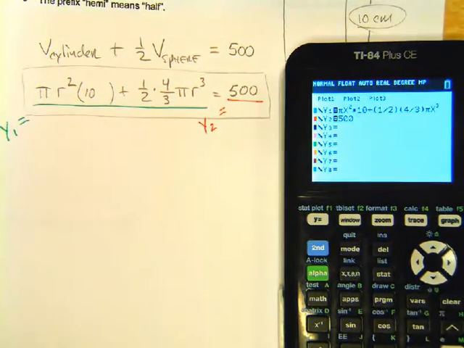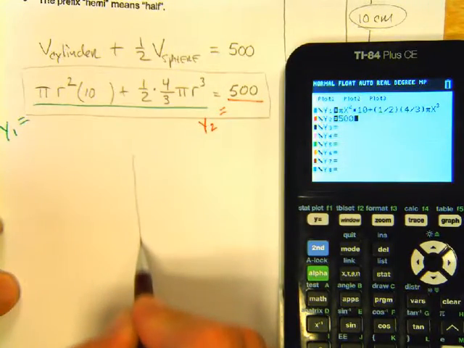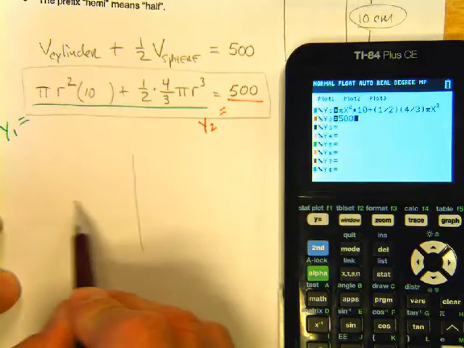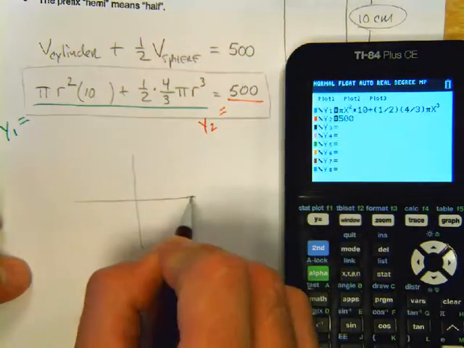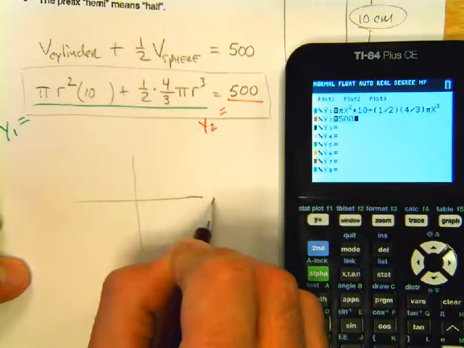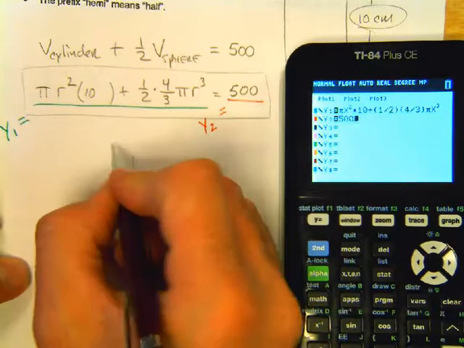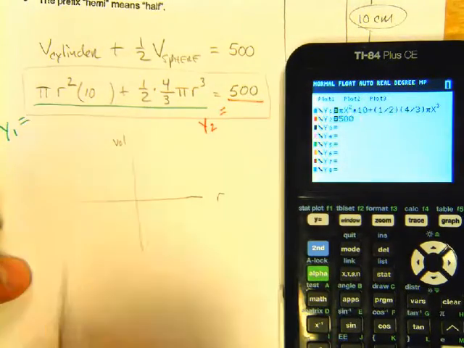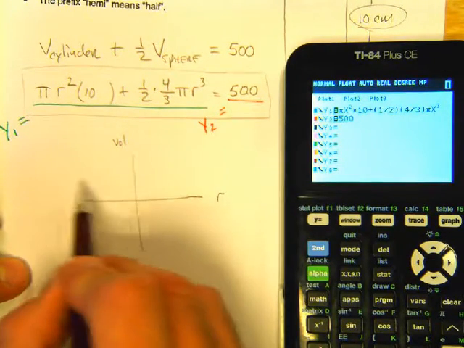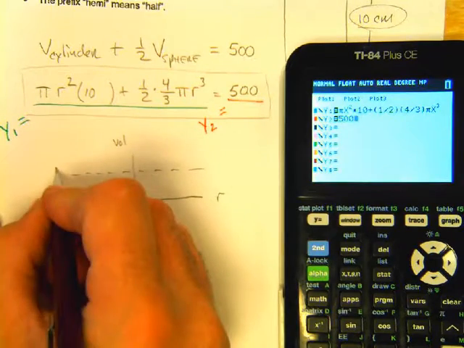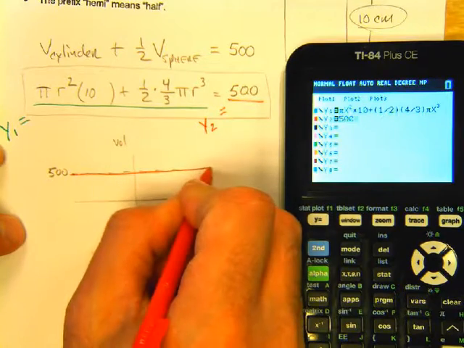Now the hardest part about this is going to be setting the window so that we can see this graph. So the x-axis will be the radius, and the y-axis is the volume. And we know that we're going to have a horizontal line at 500. So we're going to need to set our y-min and our y-max something on either side of 500.